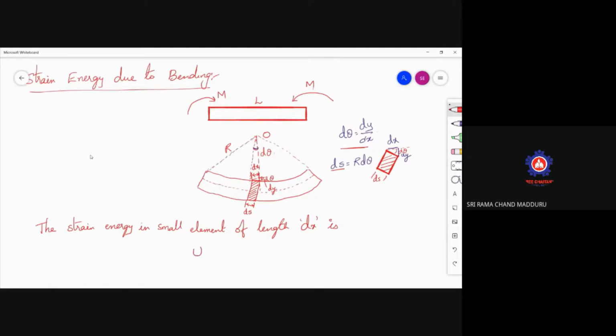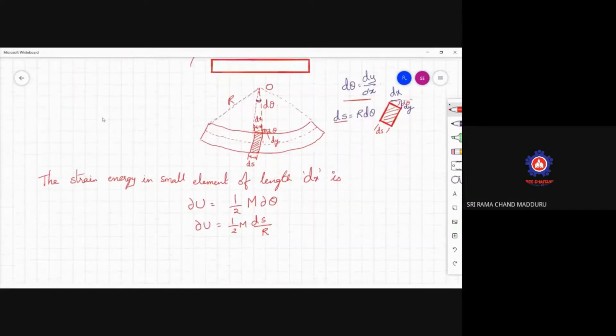So the strain energy U is nothing but half into, here a moment is applying, moment into rotation, or force into deflection. Here, M into theta. But we are considering a small element. So dU is equal to half into M into d theta. Here d theta is nothing but ds by r. So dU is equal to half into M into ds by r.